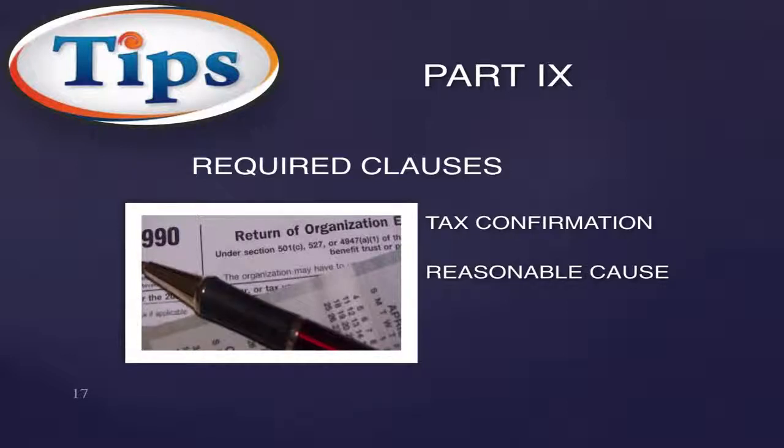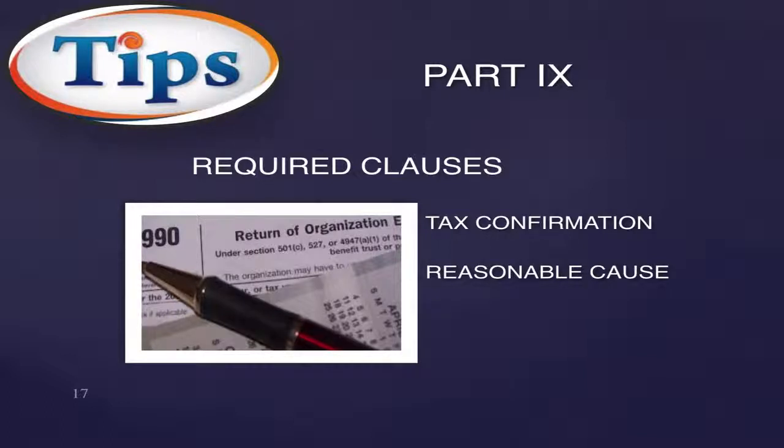These 2 additional attachments are required, and theoretically in this discussion, these are attachments number 8 and attachment number 9. But remember, the number and type of attachment may vary depending on the needs of your organization. The first of the 2 required clauses is tax confirmation.